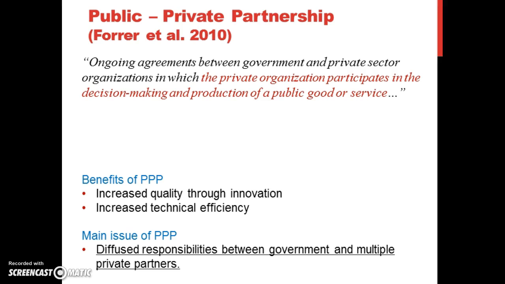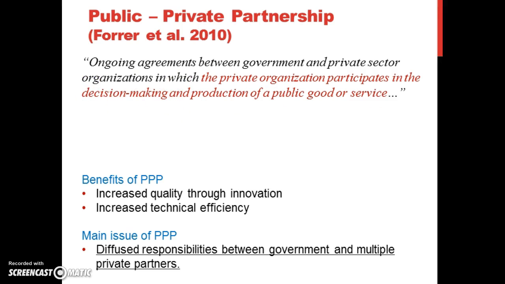The main distinction between contractual relationship and public-private partnership is ongoing agreements. This means long-term relationship rather than short-term. And further, as a partner, private organization will participate in not only production of public goods and services, but also in decision making.